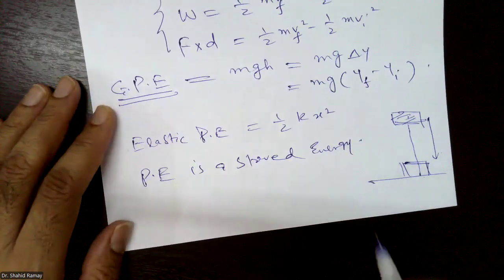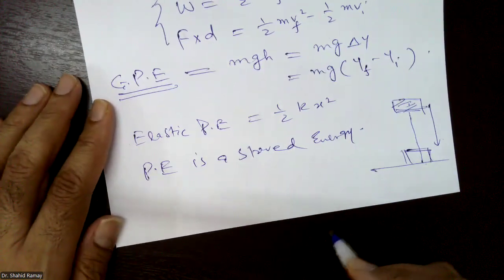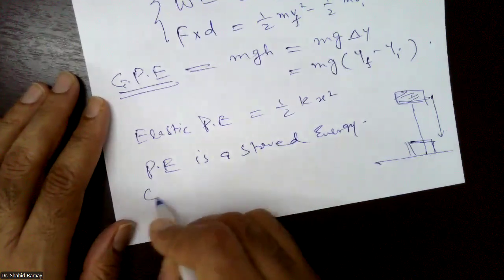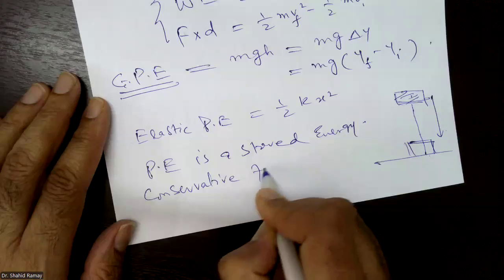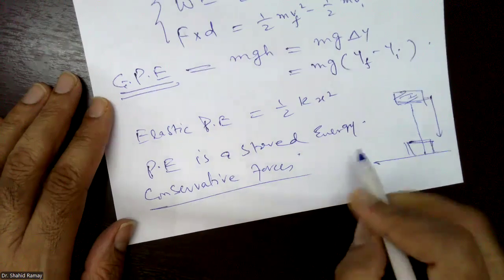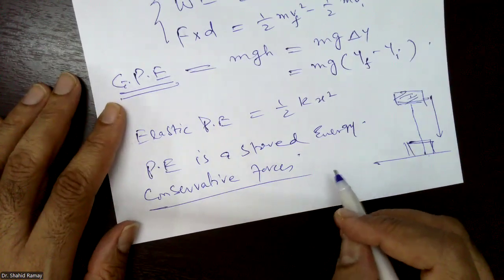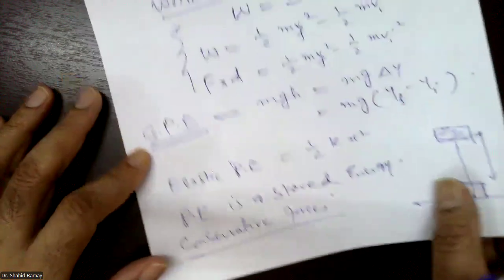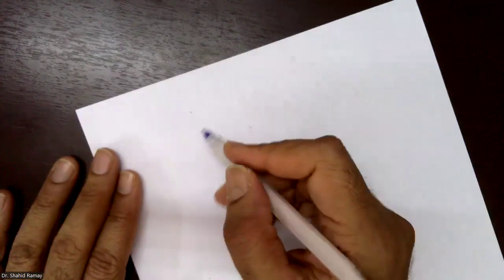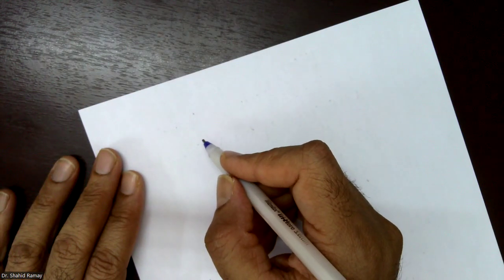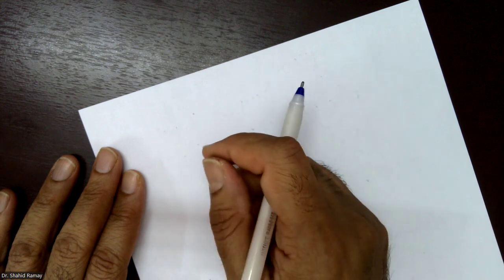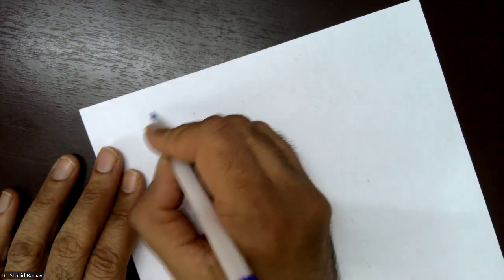After this, we have two concepts. One is conservative forces and one is non-conservative forces. So what are conservative forces? In your book, it is written that conservative forces are those forces that can store useful energy.